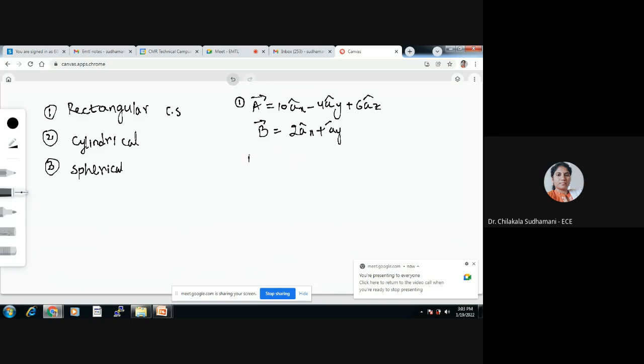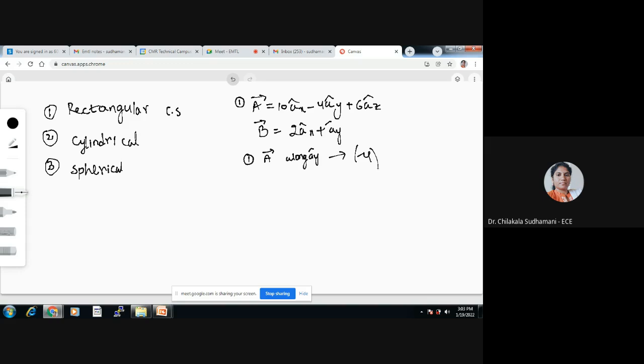Now the first thing we have to find out is the component of vector A bar along the ay direction. Find the component of A bar along the ay direction. Minus 4. Very good. The answer is minus 4.